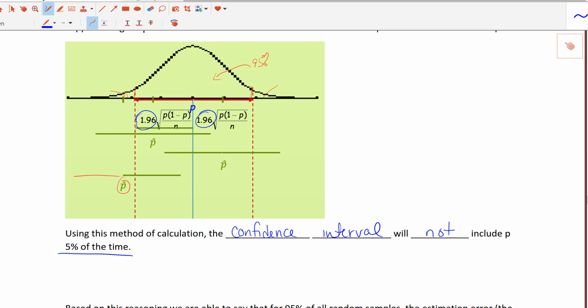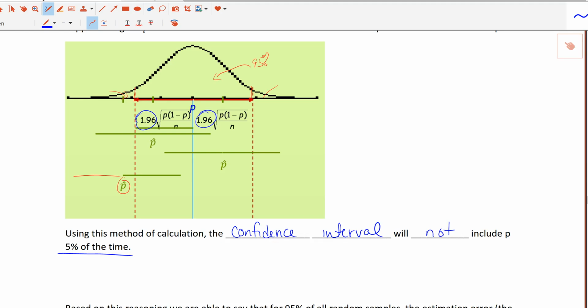That number can be changed, and if you use a larger number, then you'll get a larger interval, which means that you have more successes, more than 95%, and fewer failures.